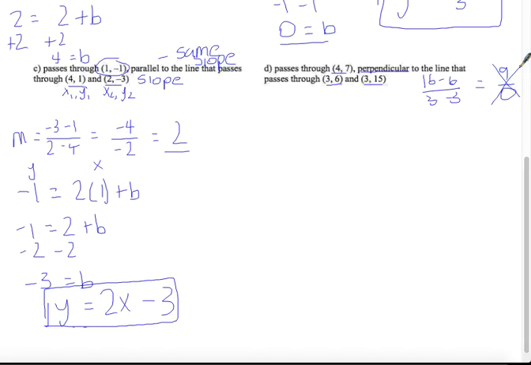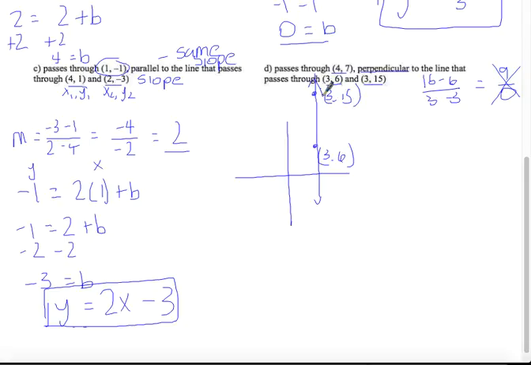So what we have here, I'll draw a picture, is, so this is 3, 6, and then 3, 15 would be somewhere up here. So what we have is a vertical line. And a vertical line has an undefined slope.